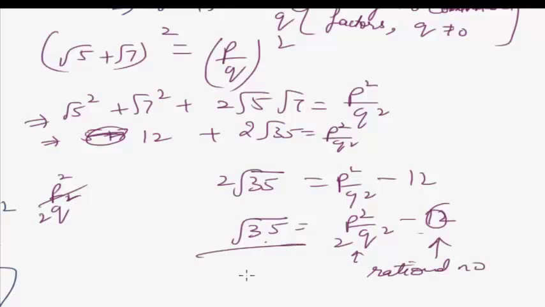But under root 35 is an irrational number, because we don't know any integer whose square is 35. 5 square is 25, 6 square is 36.